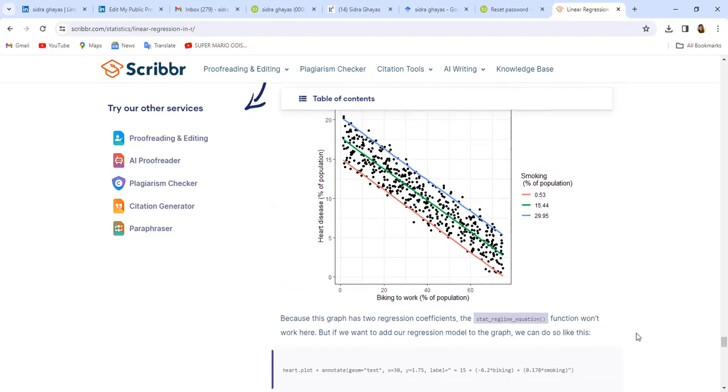The percentages of the population in smoking are 0.53, 15.44, and 29.95 respectively, by heart disease percentage of population and biking to work percentage of population. If you want to plot the regression model in a graph, you can also fit it in the same model.